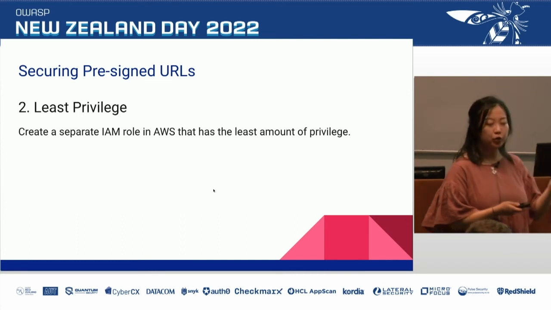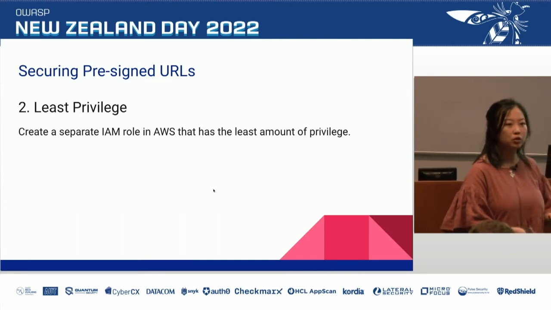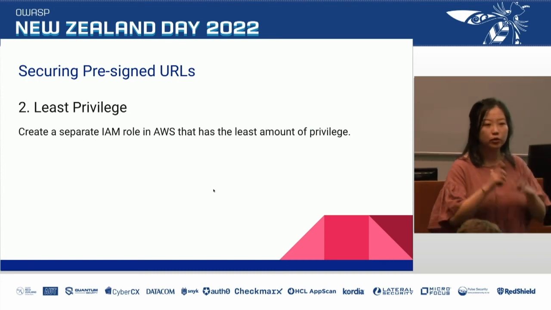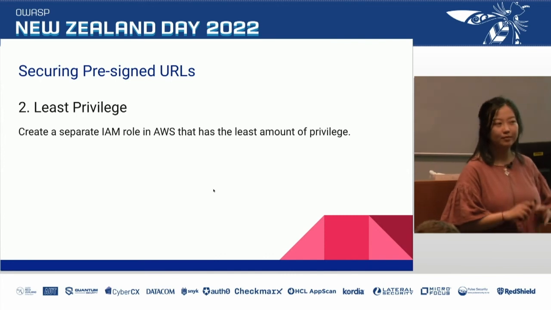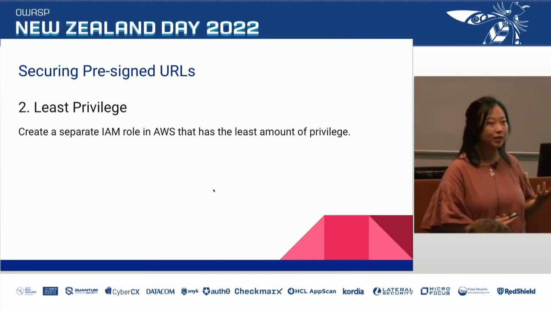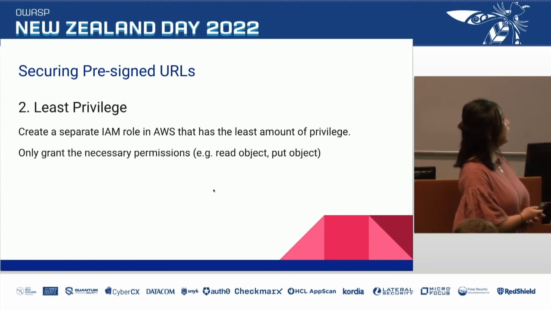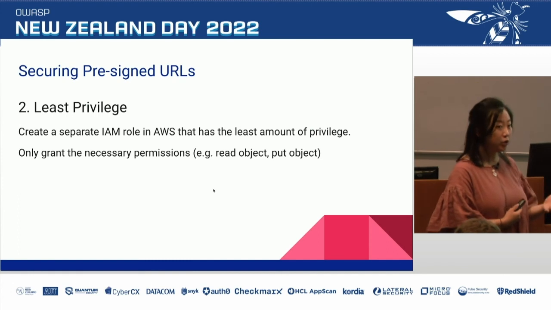And you want to also make sure that they have the least amount of privilege. For example, this user shouldn't have control over your entire AWS system bucket or whatever, because they don't really need that if you're just using it to create a URL. And make sure you only grant the necessary permissions for it.